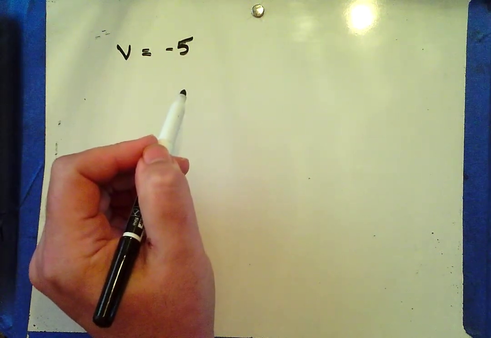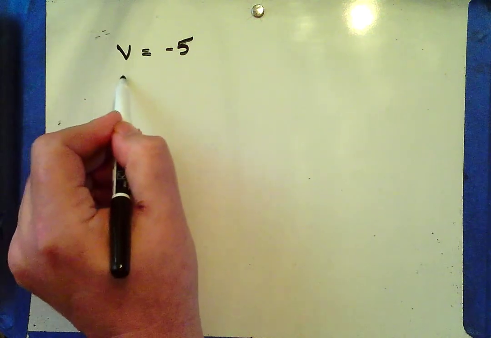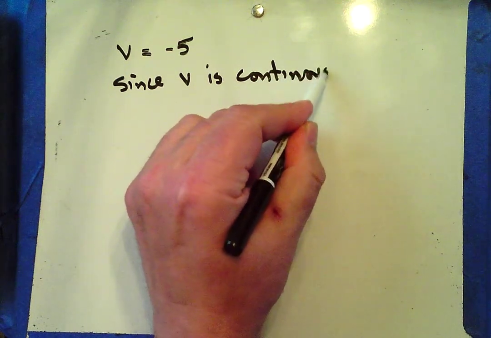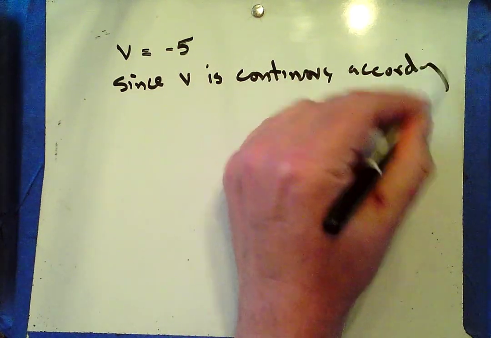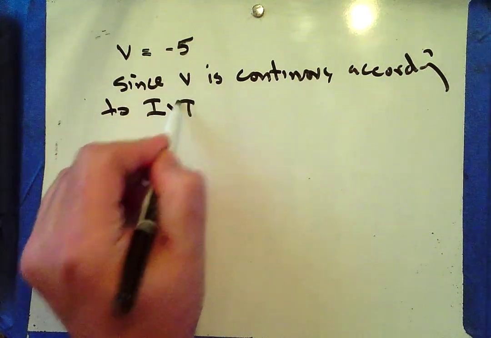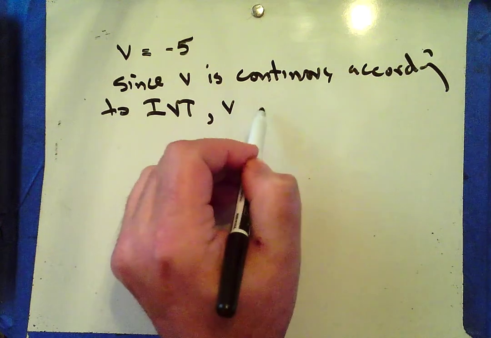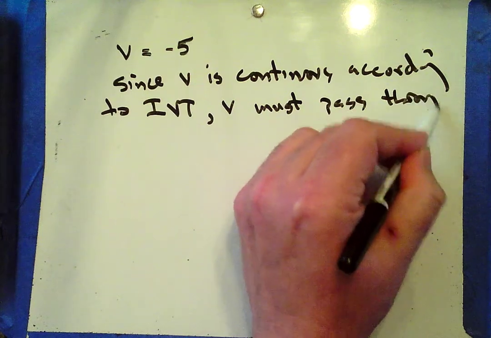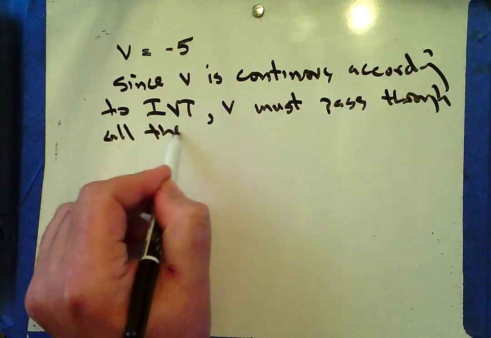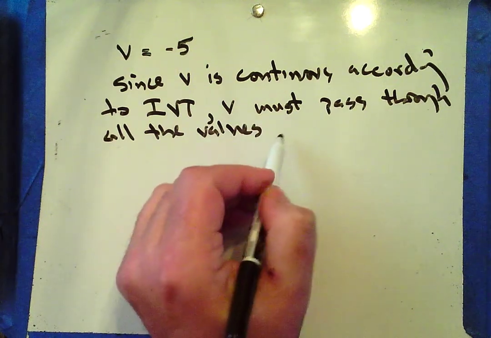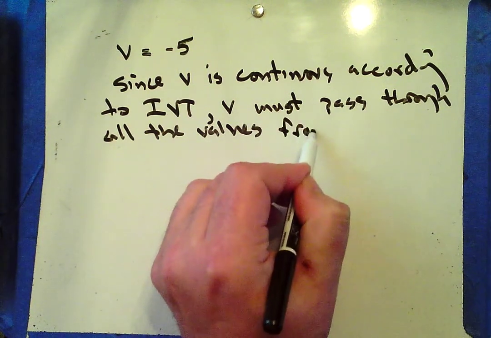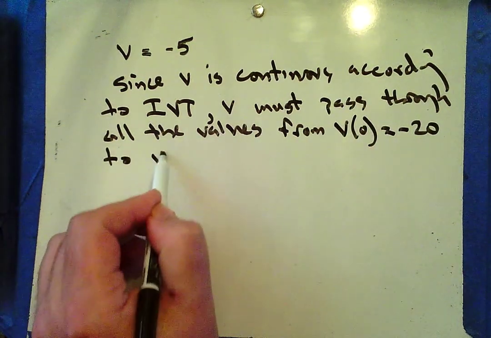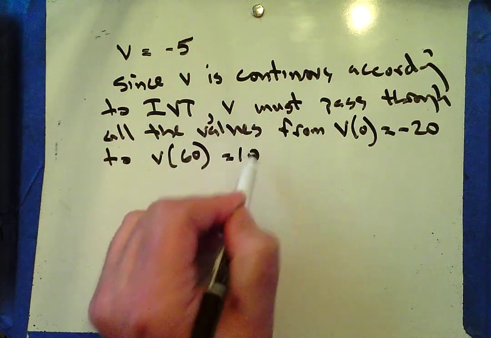Well, I would say that since v is continuous, according to IVT, v must pass through all the values from v of 0 equals negative 20 to v of 60, which equals 10.